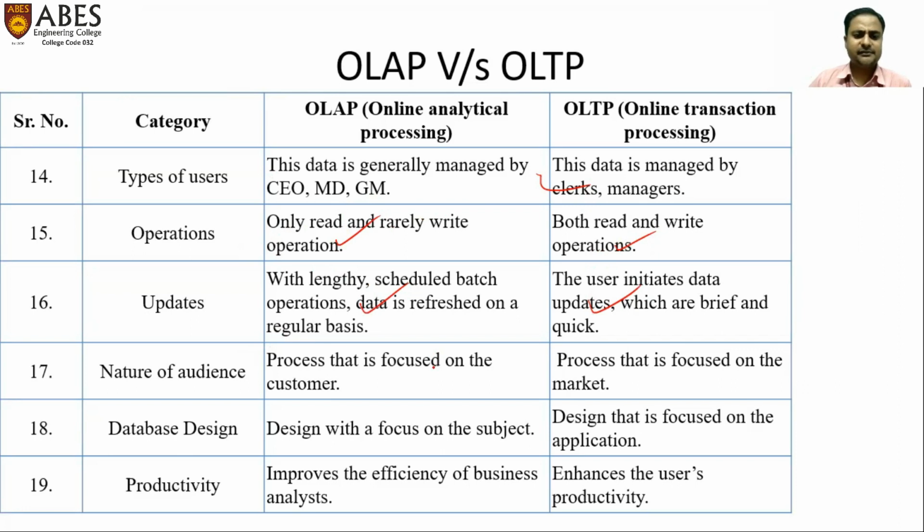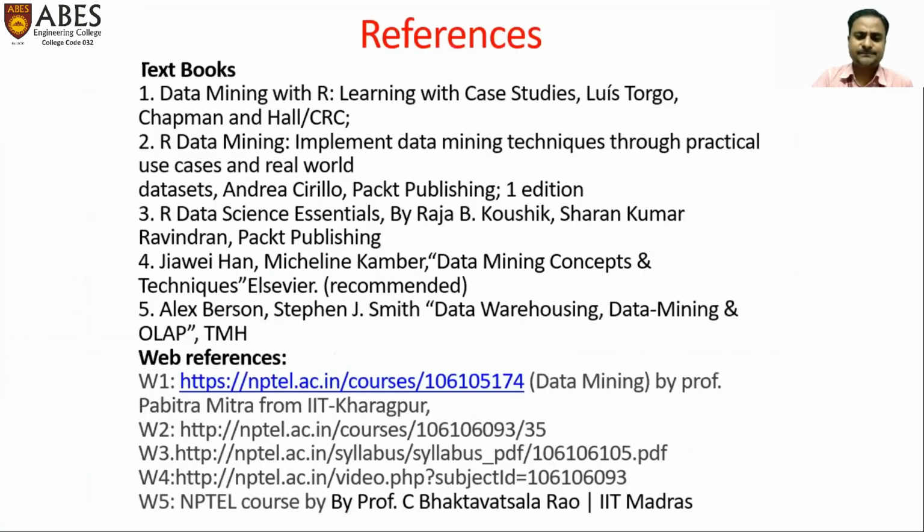In the nature of the audience, OLAP focuses on the market, while OLTP focuses on the customer. In database design, OLAP is focused on the subject, while OLTP design is focused on the application. OLAP improves the efficiency of the business, and OLTP enhances the user's productivity.